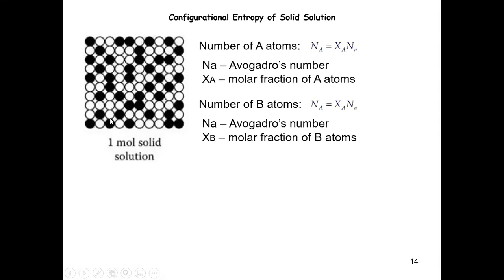So now the question for you is, how many different ways can I pack this NA number of A atoms and NB number of B atoms on this lattice? How many different ways? N factorial by NA factorial into NB factorial, probability. Oh, yeah. Does this make sense to everyone?